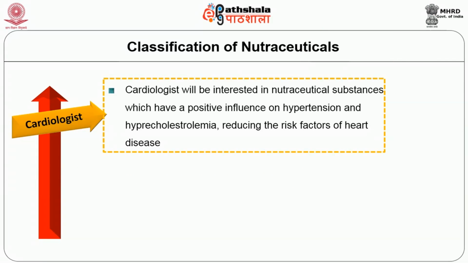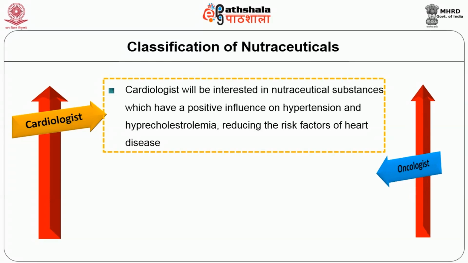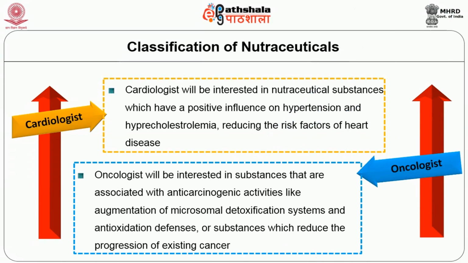Cardiologists will be interested in nutraceutical substances which have a positive influence on hypertension and hypercholesterolemia, thus reducing the risk factors of heart disease, while the oncologist will be interested in substances which are associated with anti-carcinogenic activities like augmentation of microsomal detoxification systems and antioxidation defenses, or substances which reduce the progression of existing cancer.